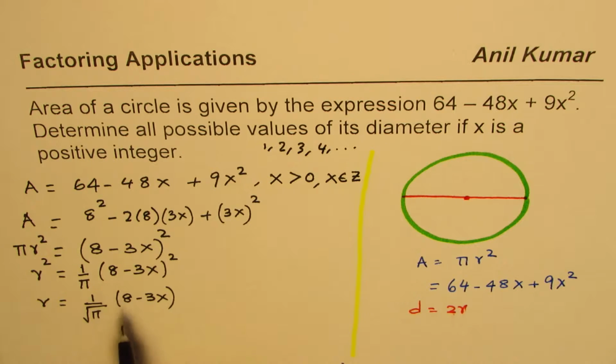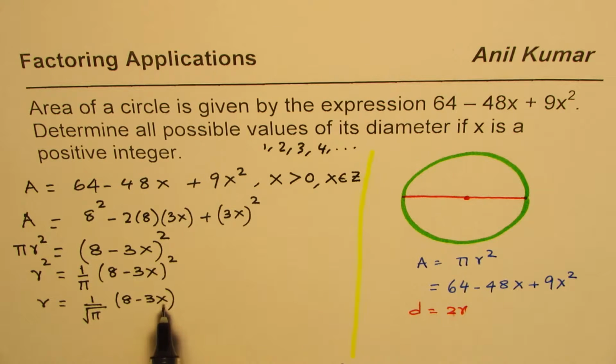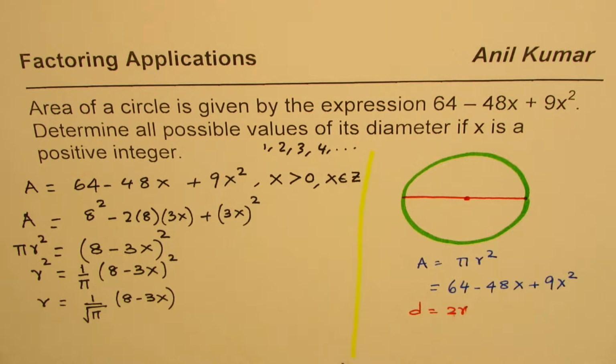Now what are the possible values of r? If I write x as 1, I will get 8 minus 3. If I write x as 2, we get 8 minus 6, that is positive 2. If I write x as 3, then it will be 8 minus 9, which is negative 1. So r cannot be negative 1.